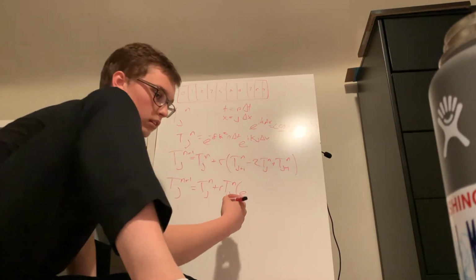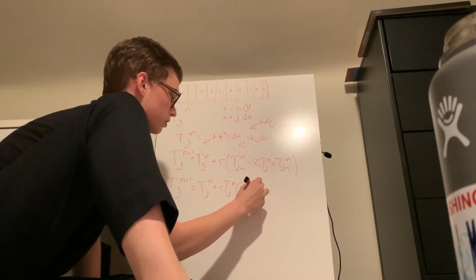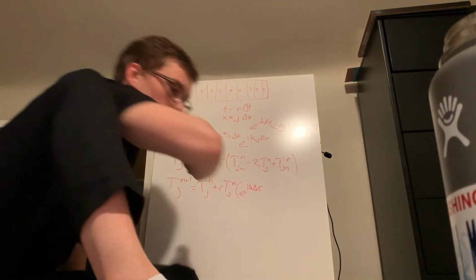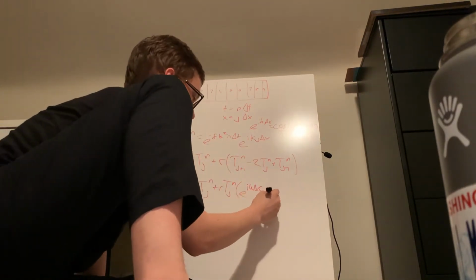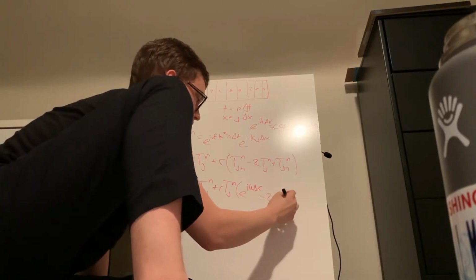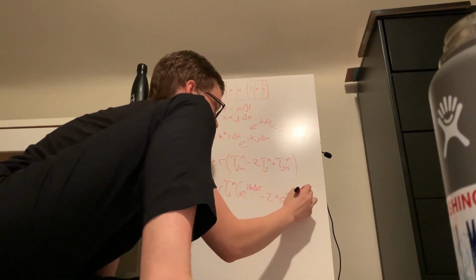So we get e to the i k delta x, and then minus, we have a 2 here, plus e to the negative i k delta x.